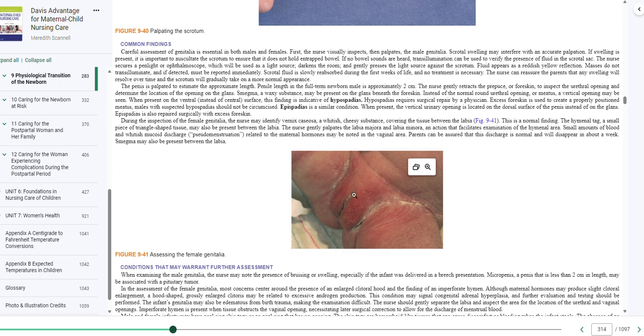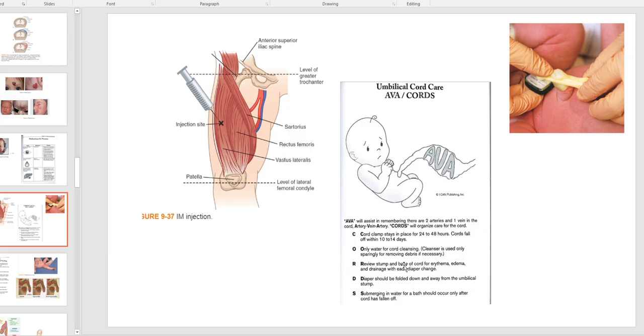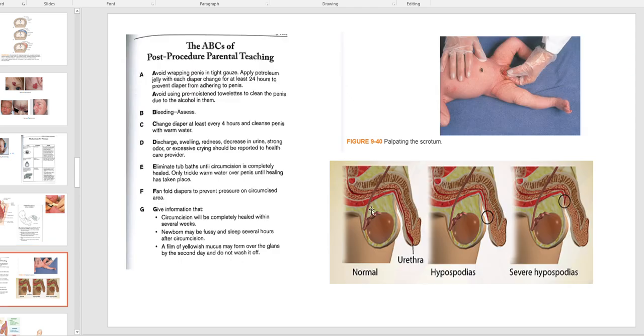If you look on page 315, you'll see these terms, hypospadias and epispadias, okay? Right here, this is a normal urethra end. The hypo, I remember hypo, low, okay? It's underneath. Severe hypospadias is right here where the testicles and the penis are conjoined.